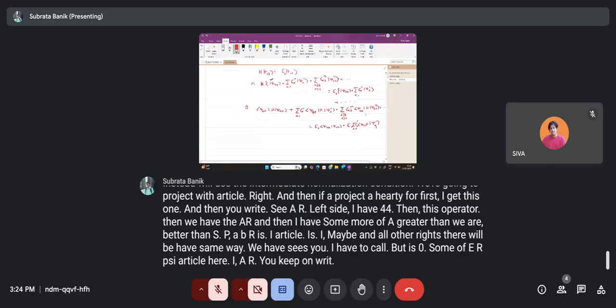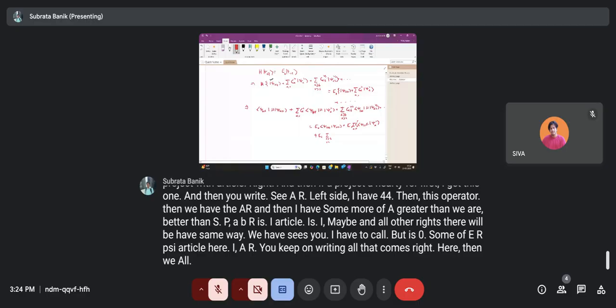You keep on writing all the terms, right? a greater than b, r greater than s, c_ab^rs, psi Hartree-Fock, psi_ab^rs. Right? Now, let us apply our Slater rules.